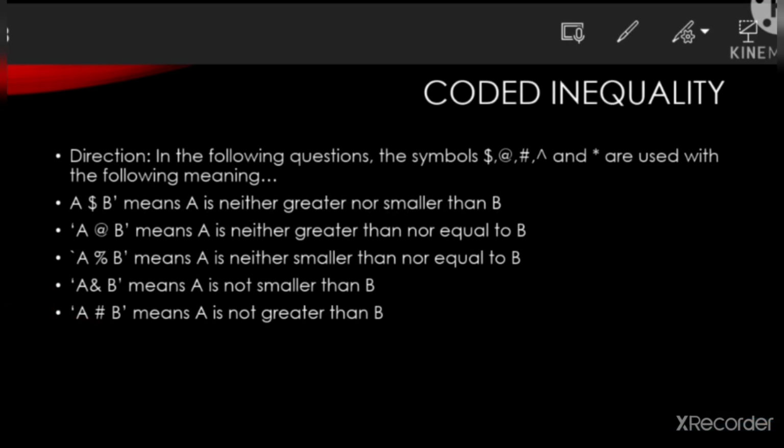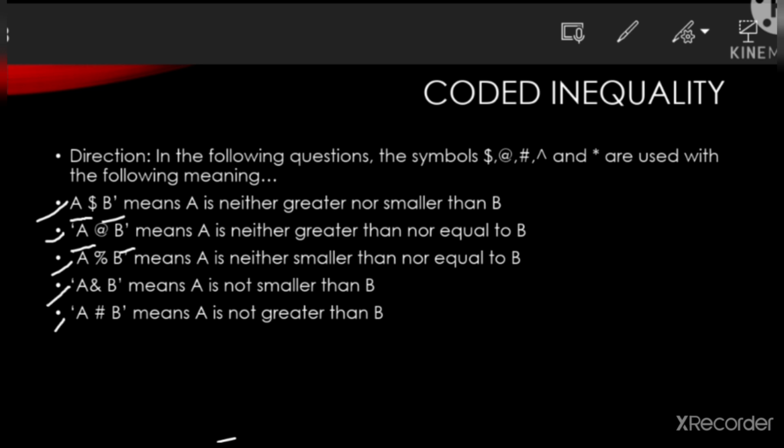So firstly, let's learn what is coded inequality. Coded inequality is a group of two entities such as A and B, shown with symbols: in the first statement it's dollar, in the second it is at the rate, in the third it is percentage, and then hashtag.